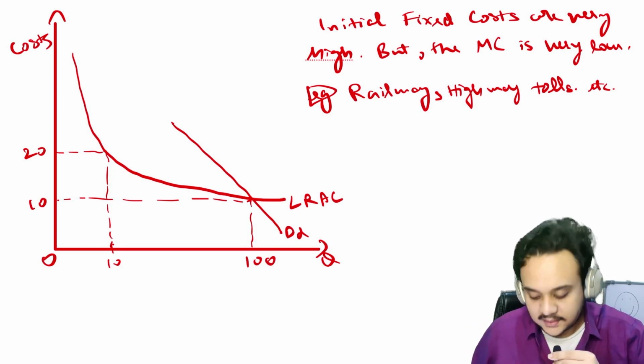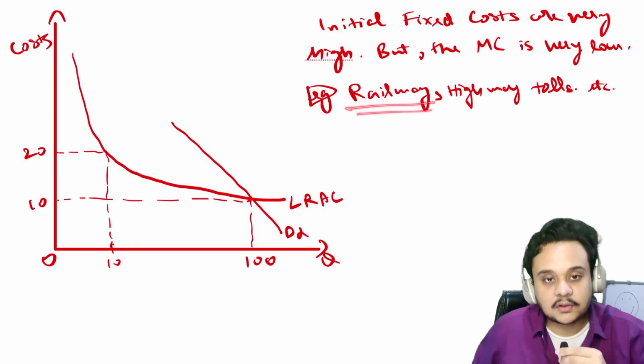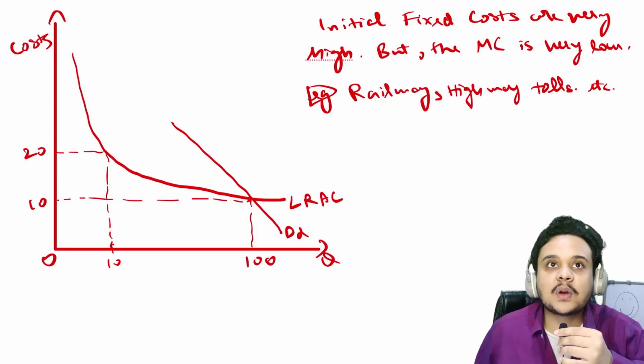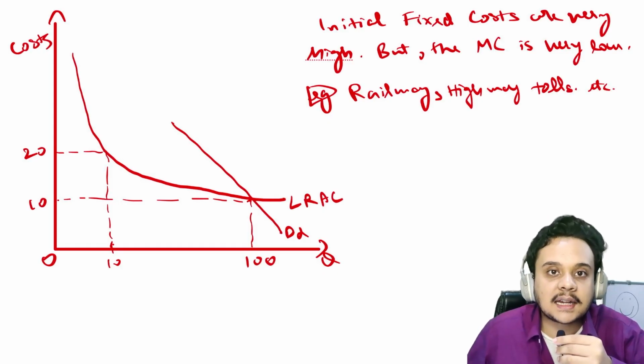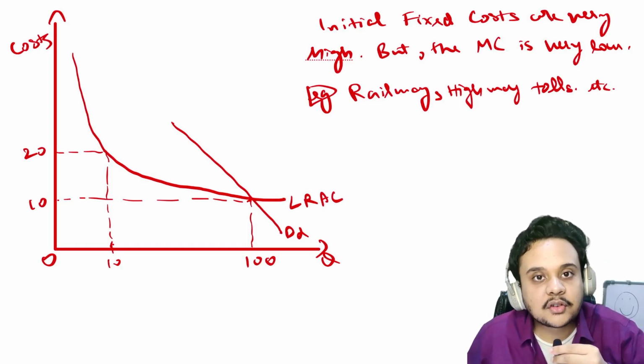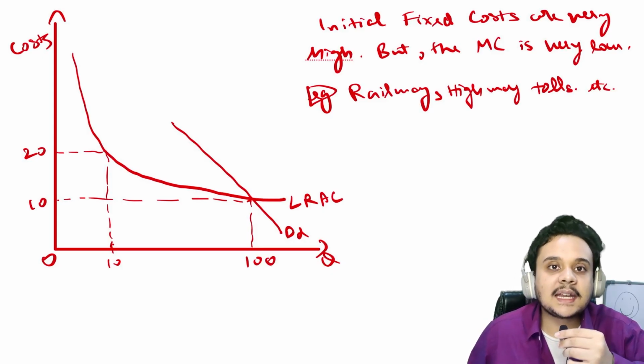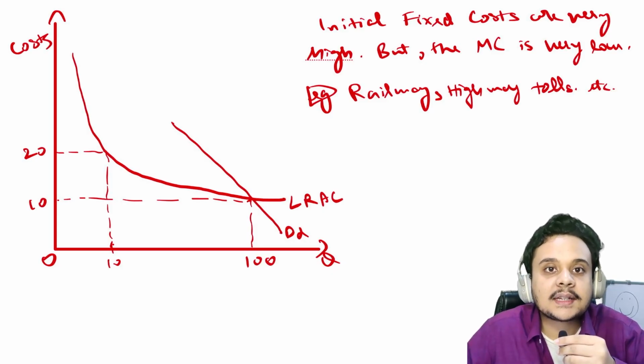They have to build good roads first, but the per customer operational cost is very low. Similarly, in the railway industry in India, if you allow a lot of firms, if you say that Reliance and Tatas and all the big firms are now going to enter the railway market, you will see that each of them has to bear a startup cost.